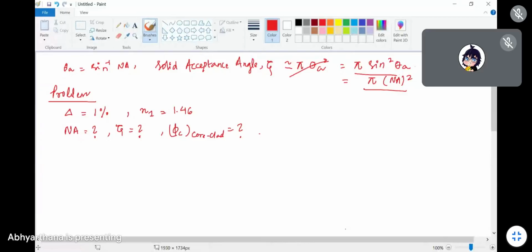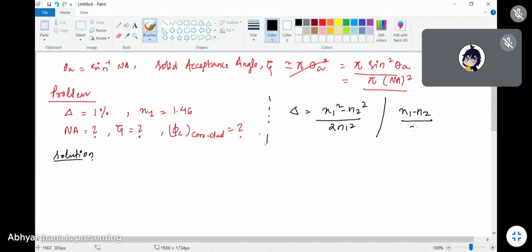So I'm just giving you a hint already, though I was not supposed to. Delta was n1 square minus n2 square by 2 n1 square, or there was one more expression, n1 minus n2 by n1, which is equal to 1 minus n2 by n1, if your delta was much less than 1.